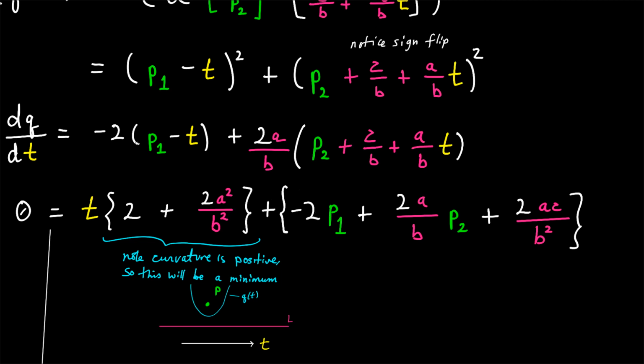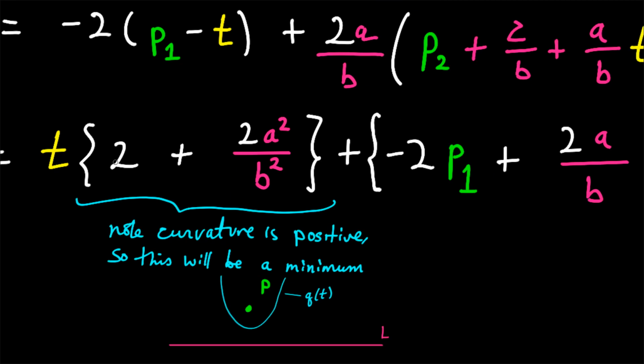So we get minus 2p1 plus 2a over b times p2, that's from over here, plus 2ac over b squared. How do we get that? This 2a over b times this c over b term. That's how we get 2ac over b squared. Note that this is 2 plus 2a squared over b squared. That's always going to be positive. So the curvature is positive.